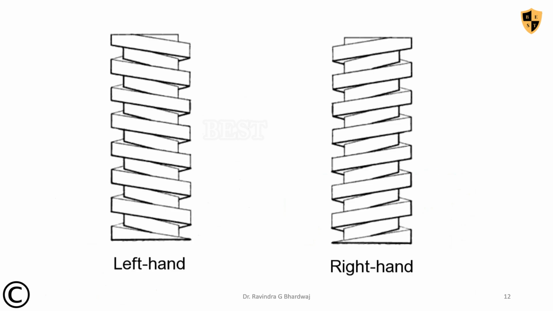To use this method, we should also know what the slope is in a left-handed screw and a right-handed screw. In a left-handed screw, this is the slope, right? And this slope is a negative slope. In a left-handed screw the slopes are negative, and in a right-handed screw, this pink shaded region is the slope, which is a positive slope.